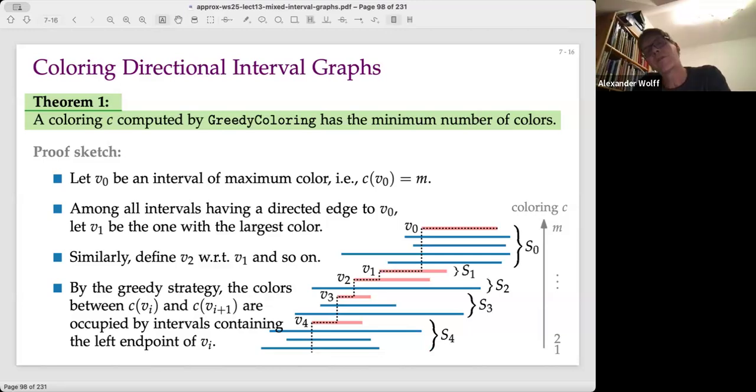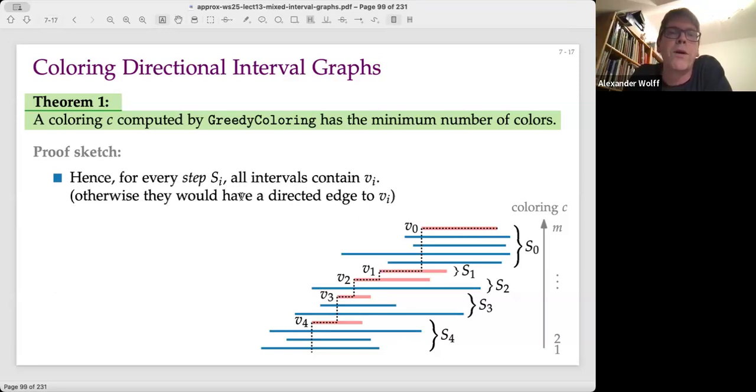So this I can use to subdivide this sequence of intervals into stairs or steps, S0, S1, and so on. Each of these groups starts with a red interval, so one of the VIs, and then the blue intervals that lie below one of the VIs and contain it.